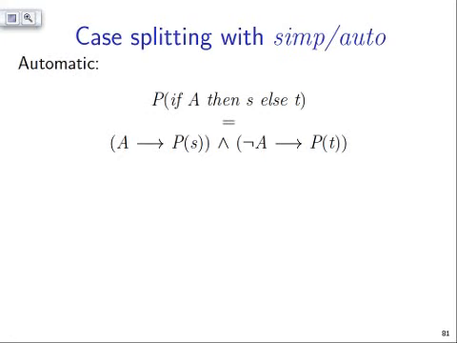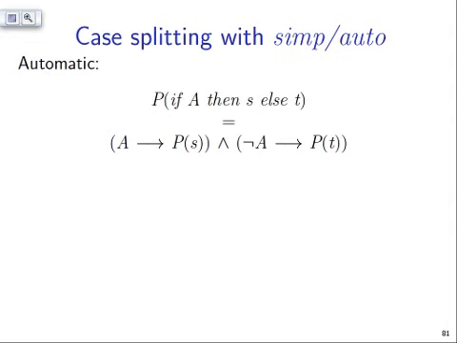And finally, this can be very helpful if you have case constructs or if-then-elses in your definitions or your functions. So this is what both simp and auto will do automatically. You don't have to do anything there.